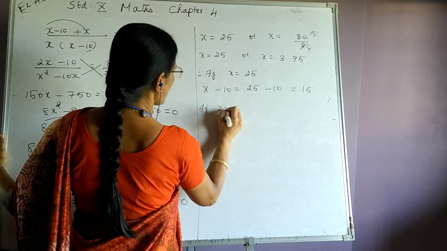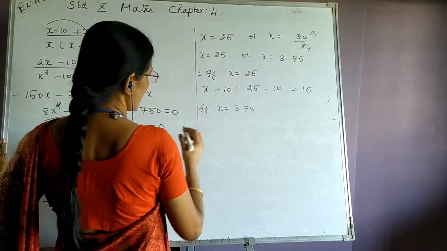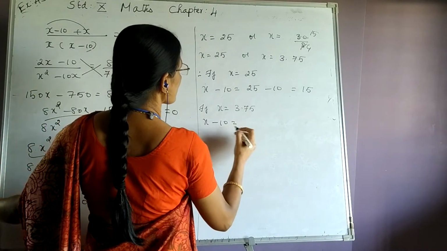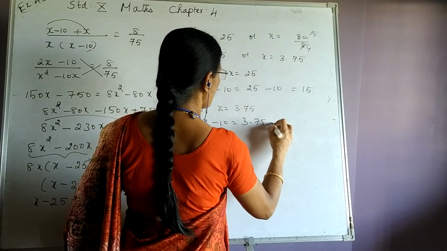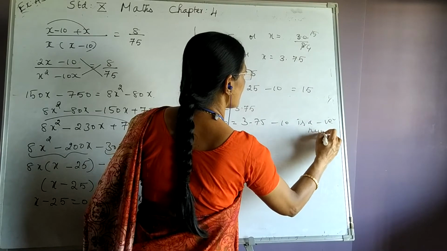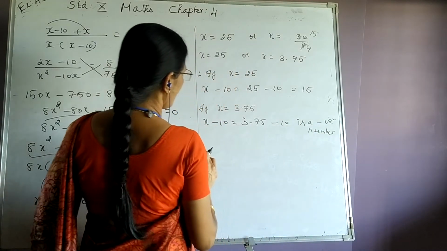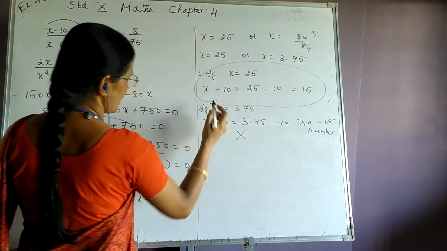If x equal to 3.75, then x minus 10 is 3.75 minus 10, which is a negative number. Time taken cannot be negative, therefore this we are not going to accept. We are going to take only this pair.